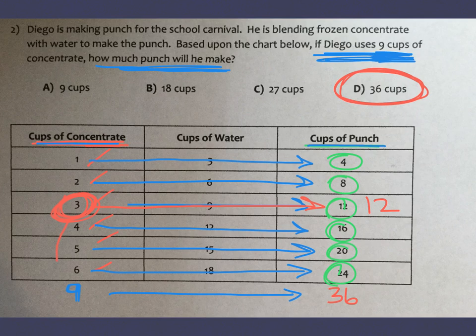And since 9 is 3 times 3, doesn't it make sense that 12 times 3 would be 36. So the ratio appears to be 1 cup of concentrate to 4 cups of punch. So 9 cups of concentrate would make 36 cups of punch, which is answer choice D.